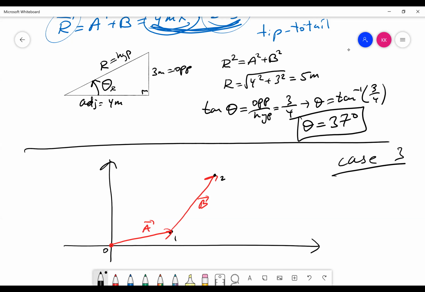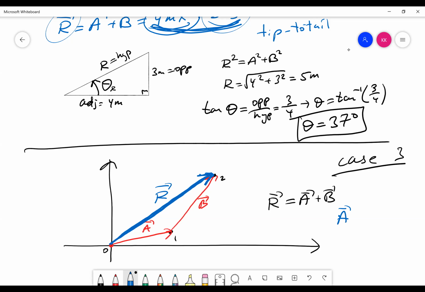So the resultant vector is still the sum of A plus B, because I can draw that resultant vector. Here's the resultant vector from 0 to 2, from the starting point to the final point. But I still want to know the magnitude and direction of this resultant vector. But the problem here is this.